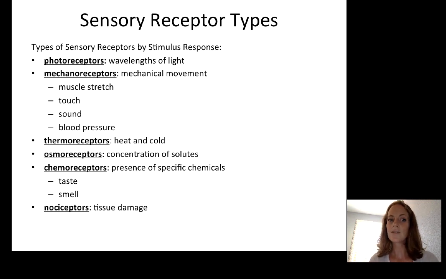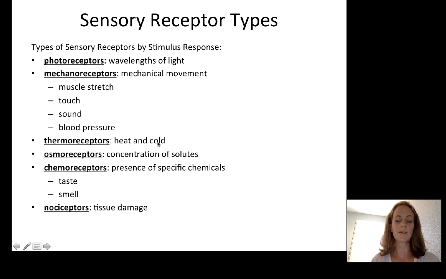Sound is a little bit interesting. It also goes through mechanoreceptors. The sound waves travel through our ears and move these tiny hair cells in our inner ears by fluid movement. So the sound waves cause movement of fluid, and that creates the perception of sound in our ears.